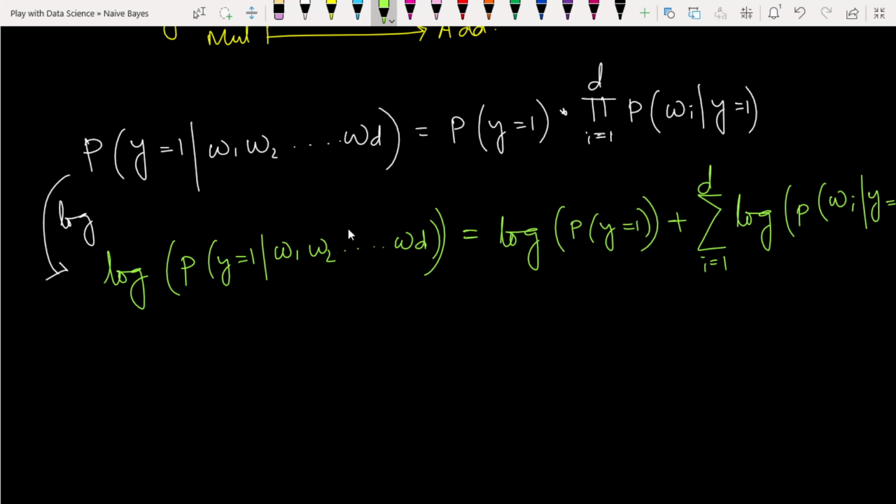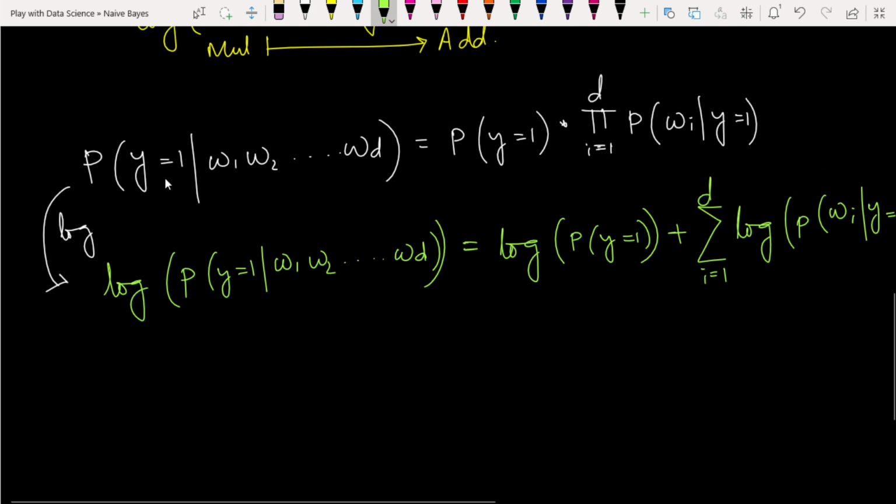Now just see. We have seen that we have to compare this probability. If we consider binary classification, we have to compare this probability for class label 1 with that for class label 0. If we have k class labels, we have to compare such probabilities for each class and choose the maximum probability.